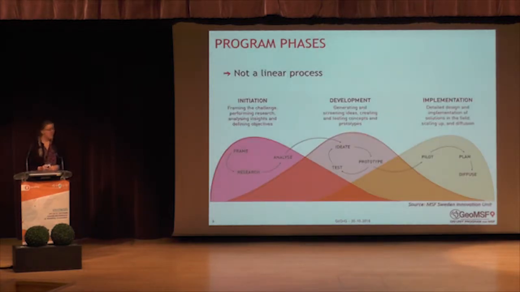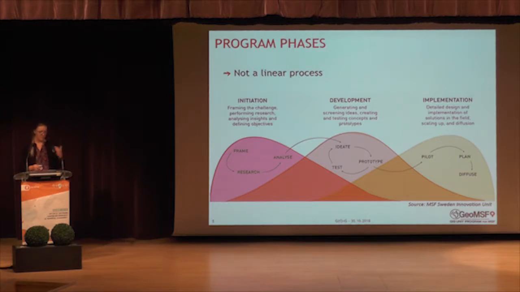So where are we in the program now? The program has 3 phases: initialization, development, and implementation. This diagram comes from our colleagues from the Sweden innovation team, where we really see that we don't have a linear process to go through the different phases.